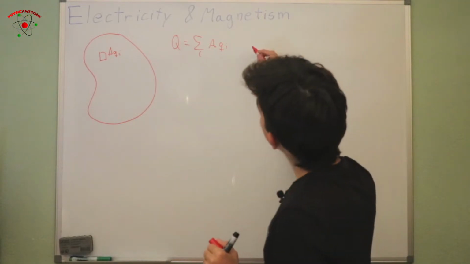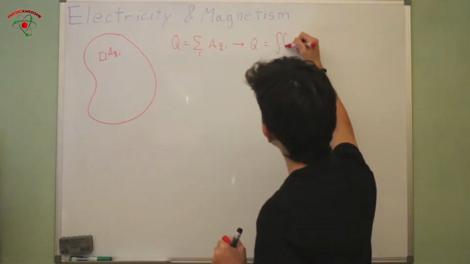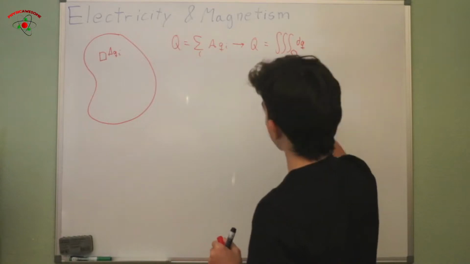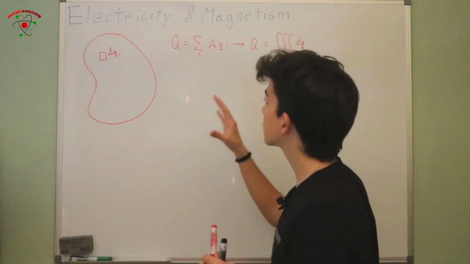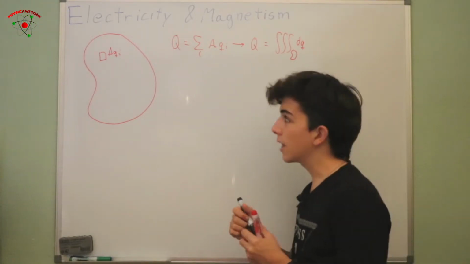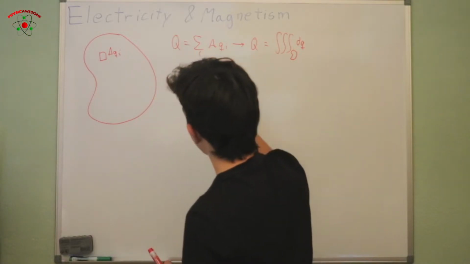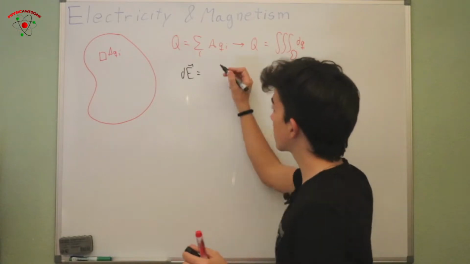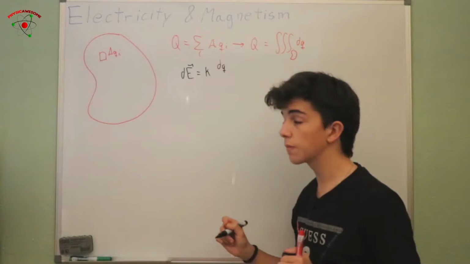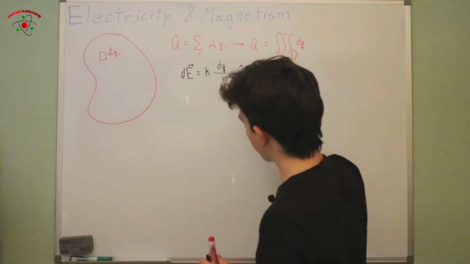In that way, the total charge is going to be, in this case, the triple integral of dq over the charge distribution. Now that we have this, recall that a little element of electric field, dE, is going to be the same thing as always, but for a little element of charge, k dq over r squared times r hat.